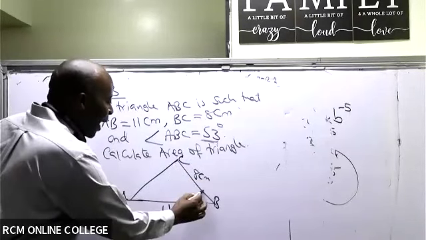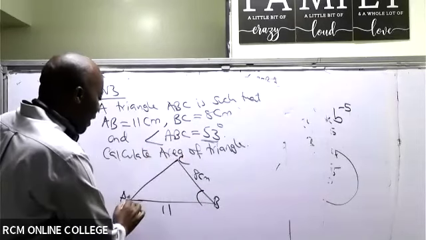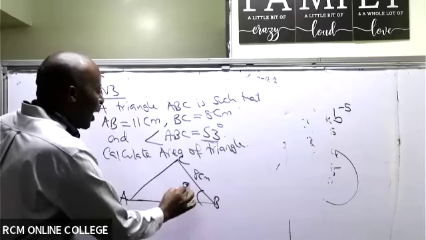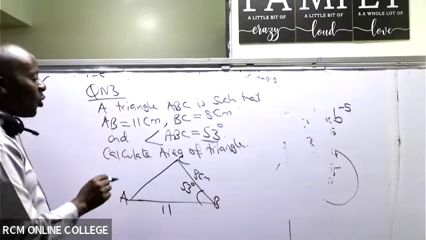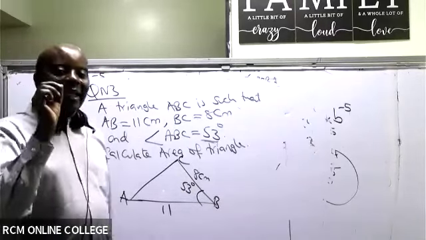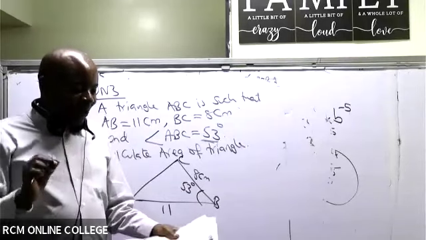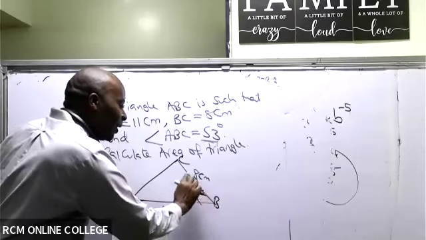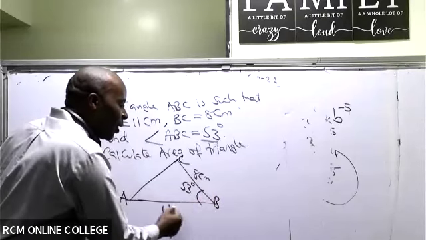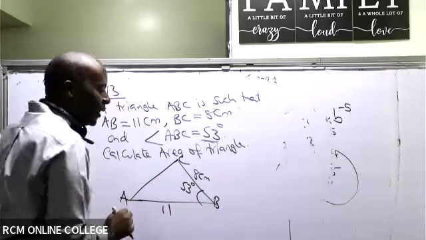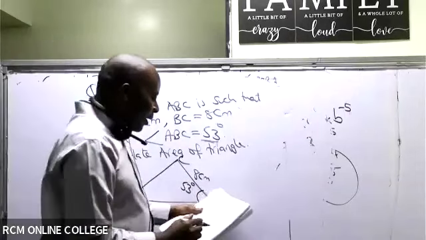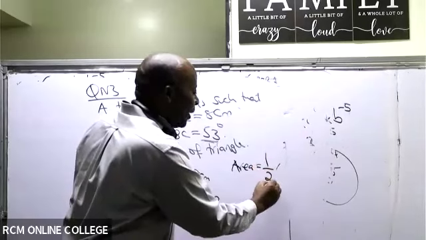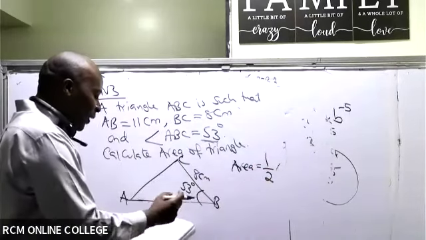And then we have this angle ABC, the middle one. This is what we used to call 2 sides with an included angle. You can see this angle is well in between the known sides. So if that is the case, ladies and gentlemen, my area here will be equal to a half, and then you multiply the 2 sides here.